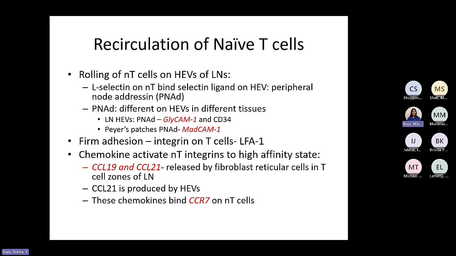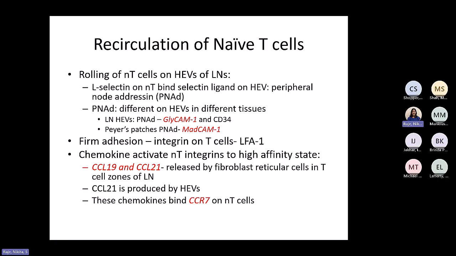The next step is integrins binding to integrin ligands for firm adhesion, and that for T cells is provided by LFA-1 integrin. And then chemokines interact with the chemokine receptors. So which ones are important for naive T cells? CCL19 and CCL21. Where are they produced? They are produced in the T cell zones of the lymph node by FRCs or fibroblast reticular cells.